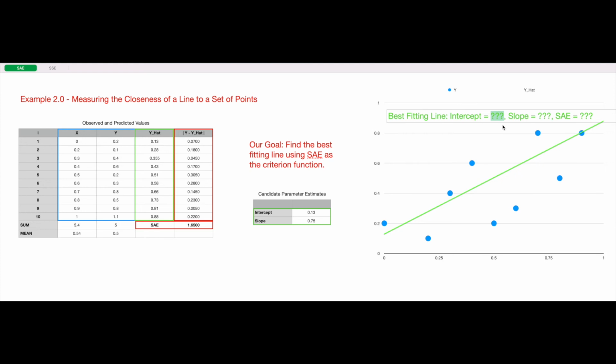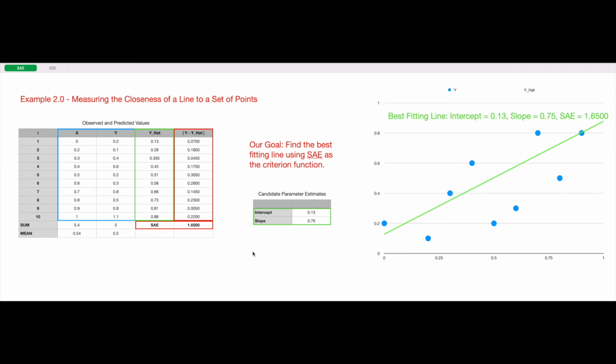So the intercept of the best fitting line according to the SAE criterion is 0.13 and the slope is 0.75. And with those values, we get an SAE value of 1.6500.